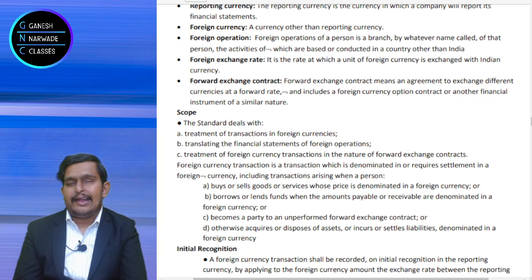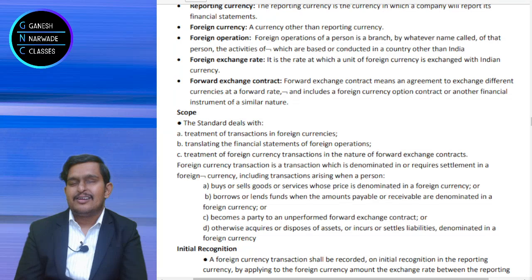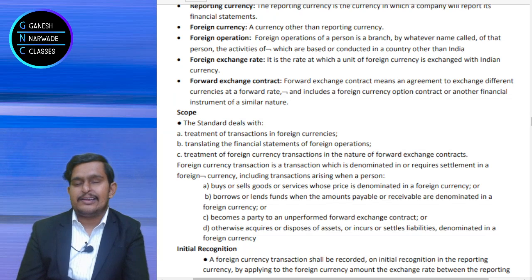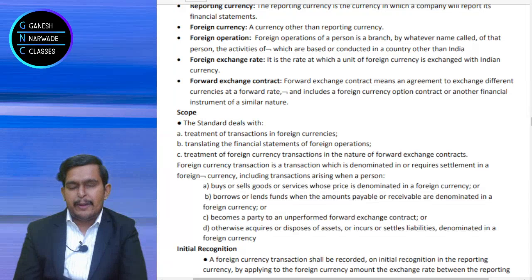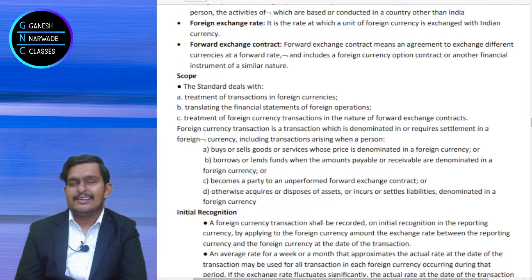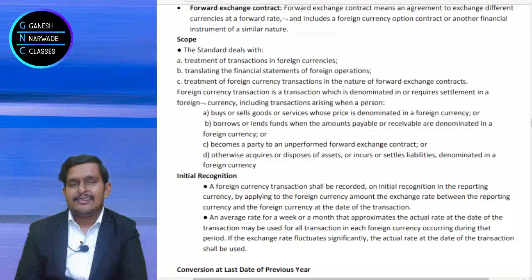Now, second thing, translating the financial statements of foreign operations. Tatas have a lot of business activities outside India. English people, the people from Britain, UK, ruled us for 200 years and gave Indians the habit of having tea every day. Am I right?